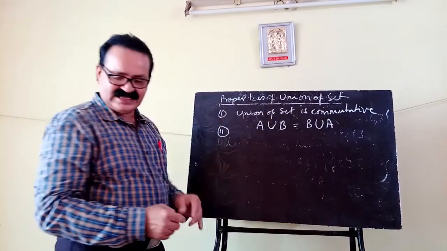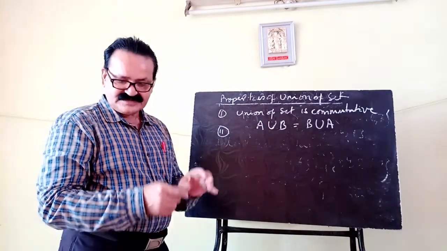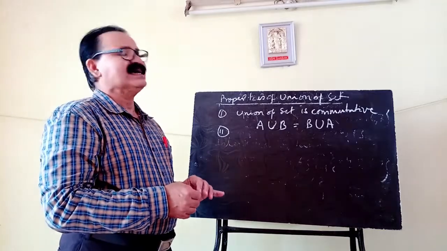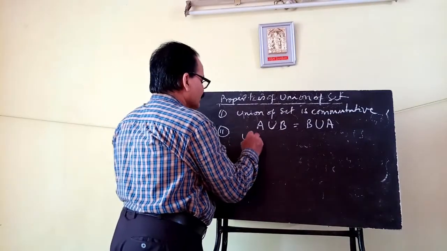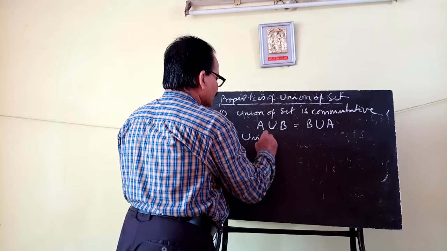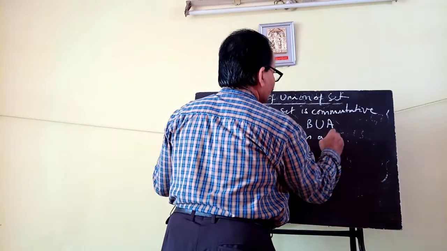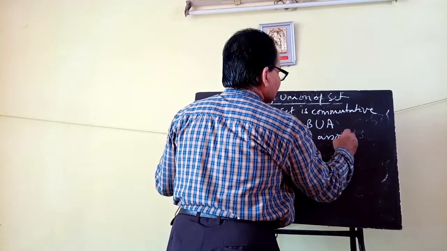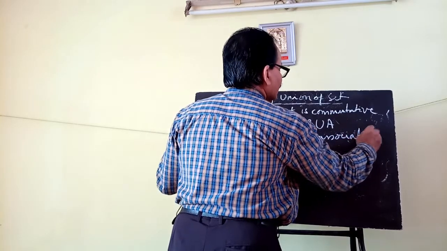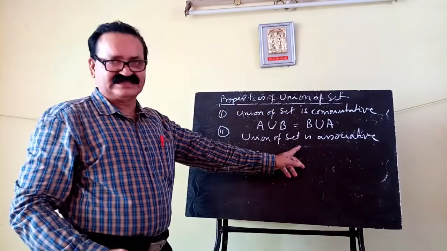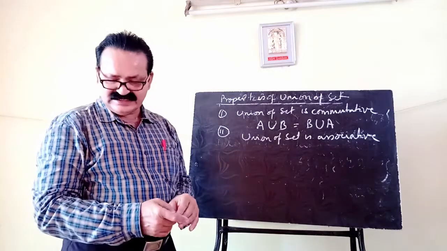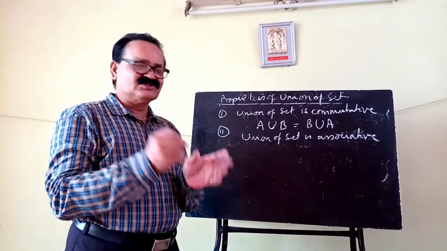Another property is that union of sets is associative. Union of sets is associative. In this case, that means there is association.